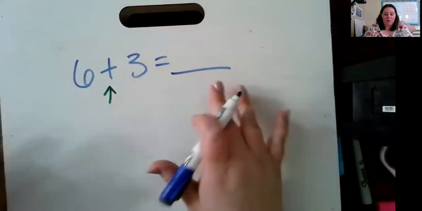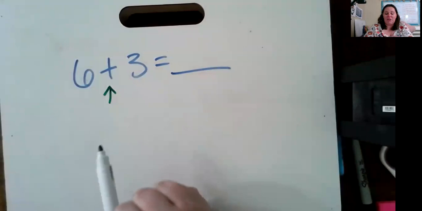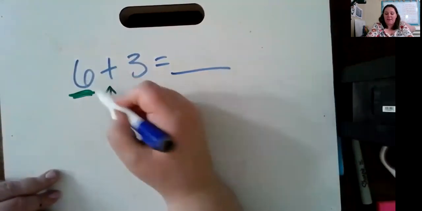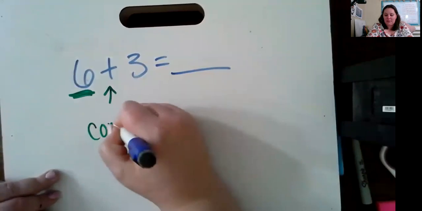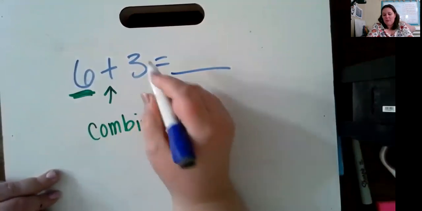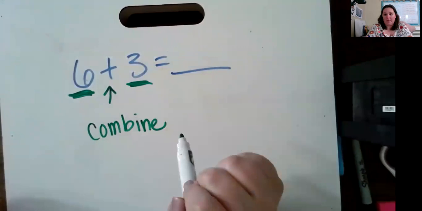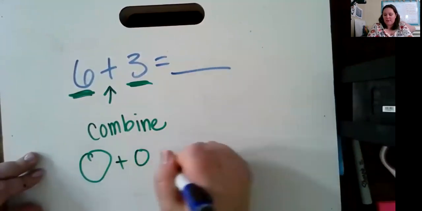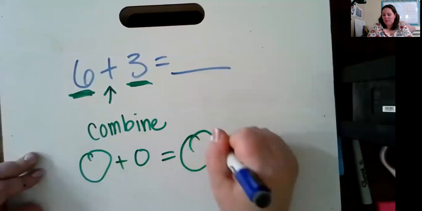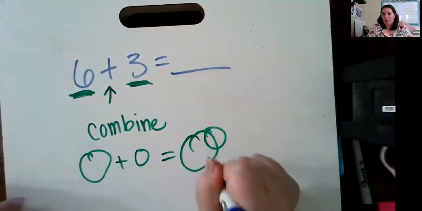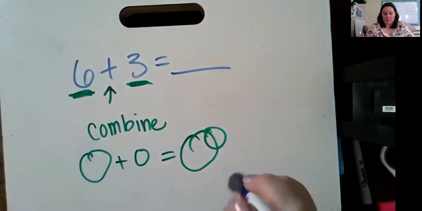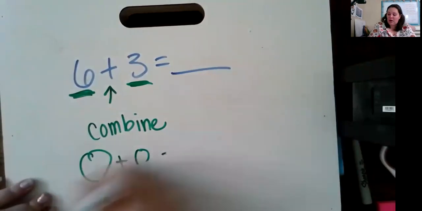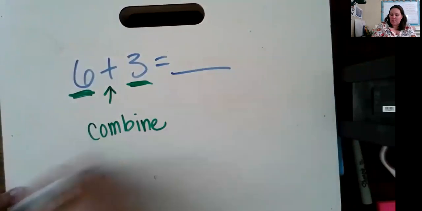So far you've only had to worry about addition, which is asking us to take this number and combine it with this number, okay? So we've got this group plus this group is going to equal a bigger group. We're combining, okay? So that's just a review on addition with our number sentences.